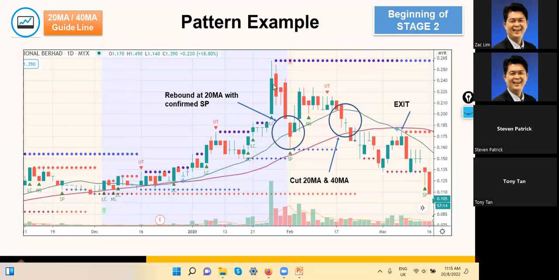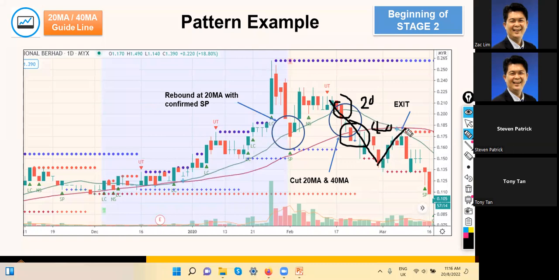So now this is the 20 moving average and 40 moving average. Here I want to emphasize this area. In this chart it is very clear that this candle cut your entire 20 and 40 at the same time.